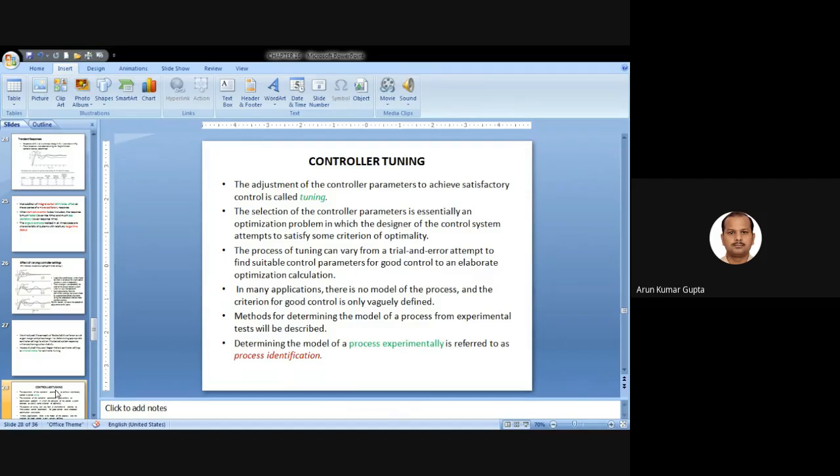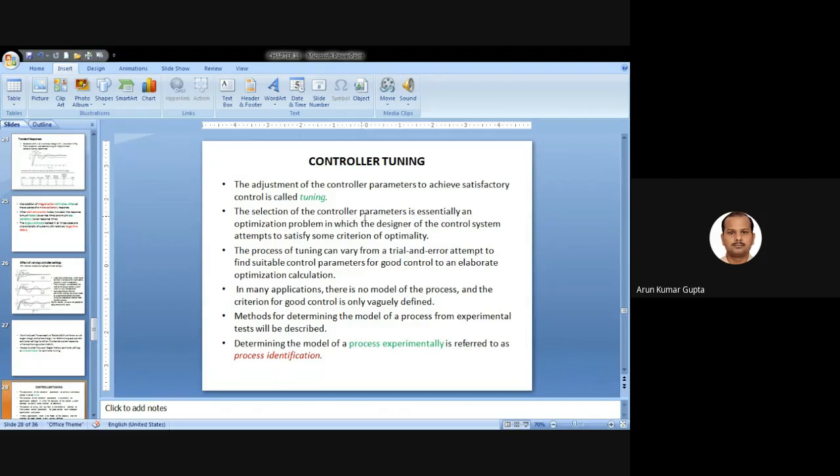We have a number of sets of runs, and we have to choose from there which one is the optimum set, or you can say our tuned parameters. The adjustment of the controller parameters to achieve satisfactory control is called tuning.